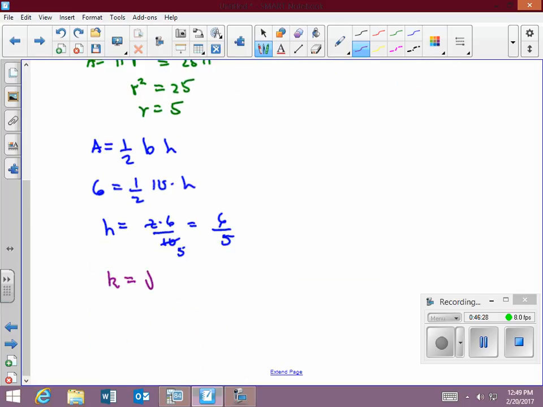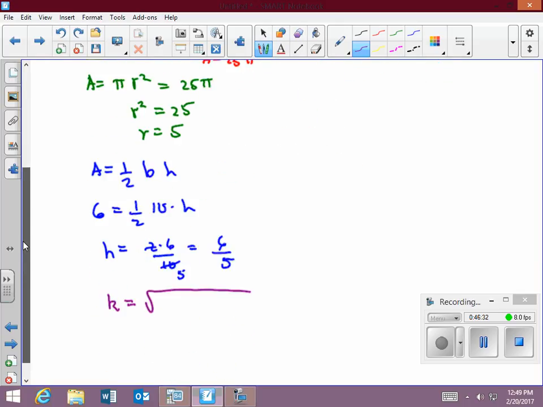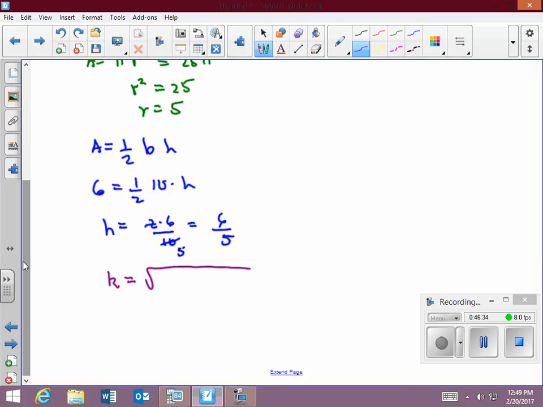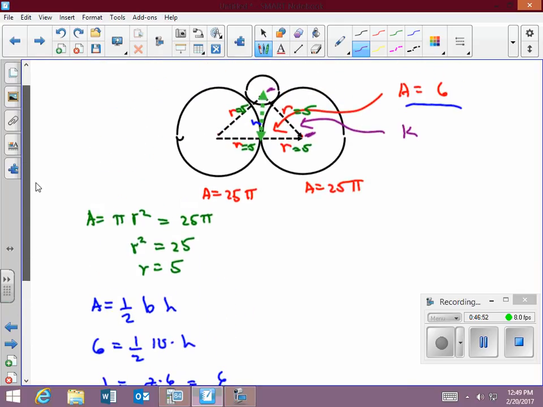Is equal to the square root of the sum of the squares of the legs. So it's the square root of 5 squared plus 6/5 squared. I'm not going to calculate that. I'm going to leave that to my calculator.